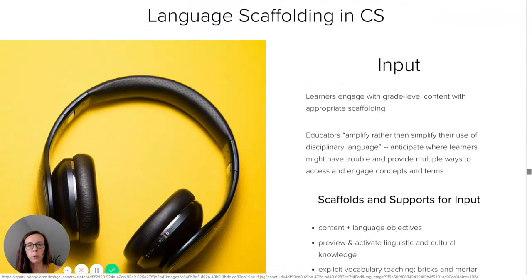Well, I want to share a few strategies for language scaffolding in computer science, and we'll start out with input. So again, input is just the ways that students are taking in new information. This could happen through listening, this could happen through reading. And the first thing I want to say is that it's really important that learners engage with grade level content with appropriate scaffolding. So the content is still grade level, the content is still age appropriate.